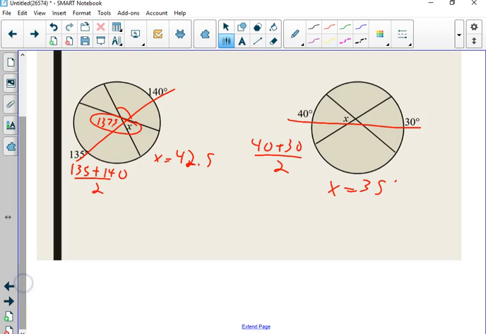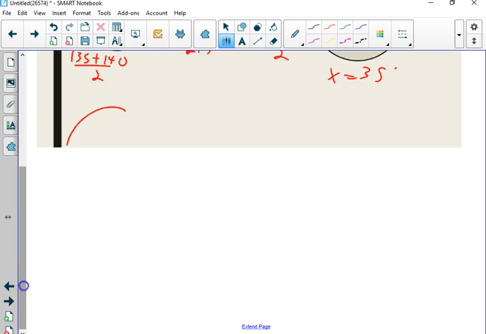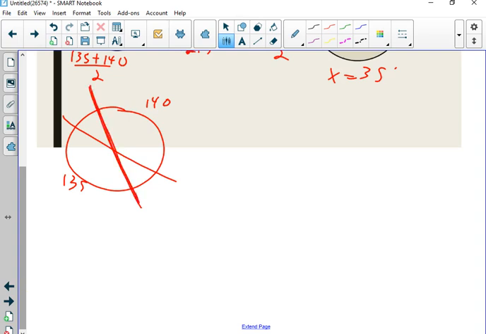Now another way to go about it, let's just redraw this real quickly. Another way to go about it is to think about the fact that right here we know is a straight line, 180.